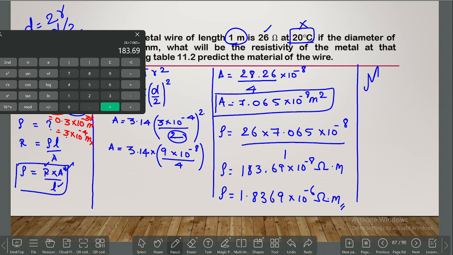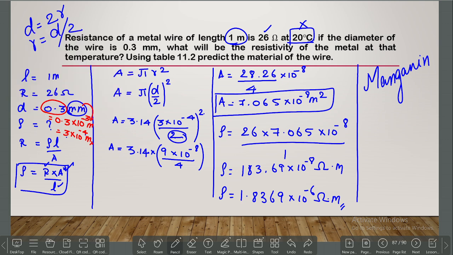The given material will be manganese. If you are looking at the table 11.2 in the electricity chapter, based upon this value, the resistivity will be nearly equal to 1.84 into 10 to the power of minus 6 ohm meter, and the given material is in the form of manganese.